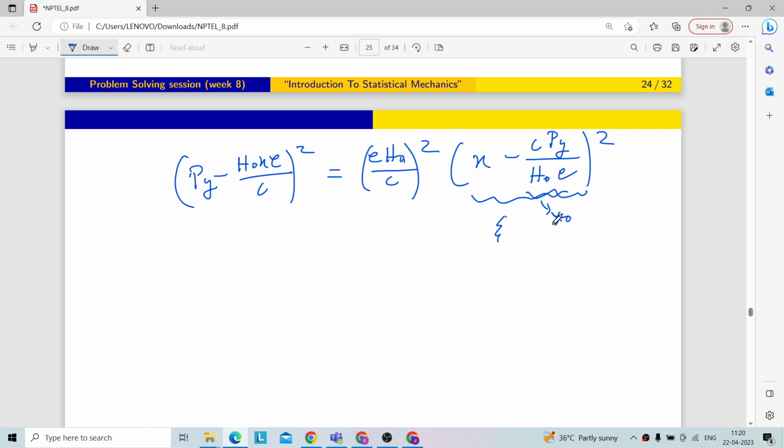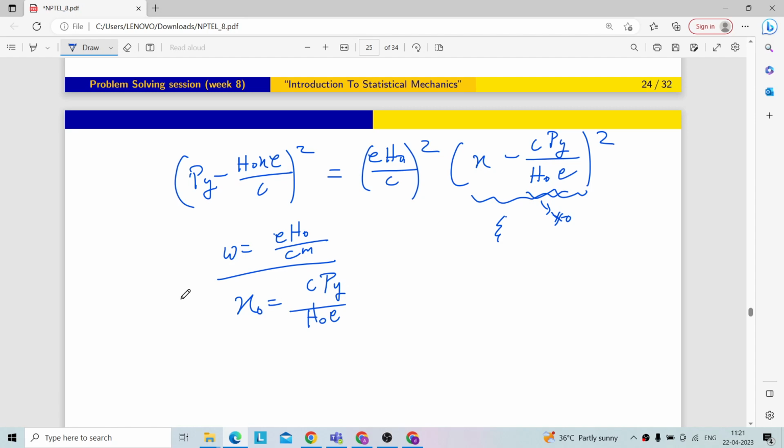Then, so what will be the omega in this case? Omega will be eH0 by mc. You perform the same procedure, you will get omega like this, right. And my x0 is c py by eH0, right.